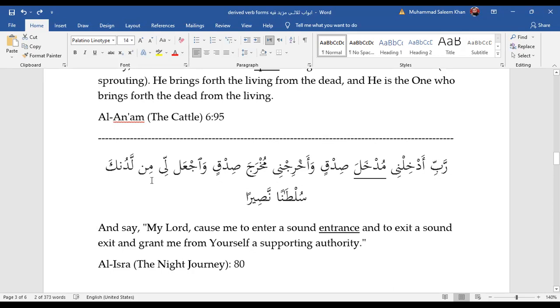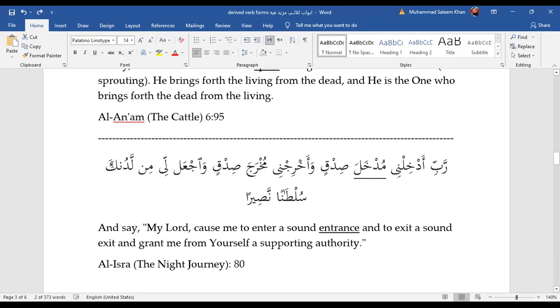Waj'al li min ladunka sultanan nasira, and grant me from yourself a supporting authority. So, say, my Lord, cause me to enter a sound entrance and exit a sound exit. And grant me from yourself, min ladunka.